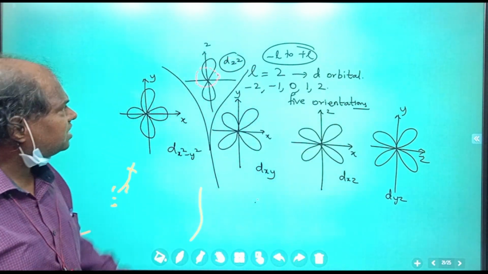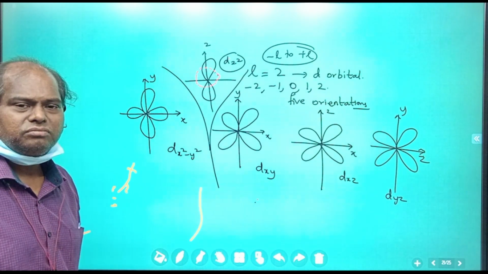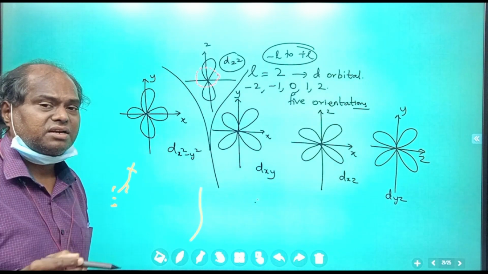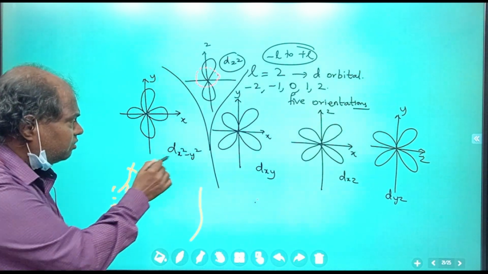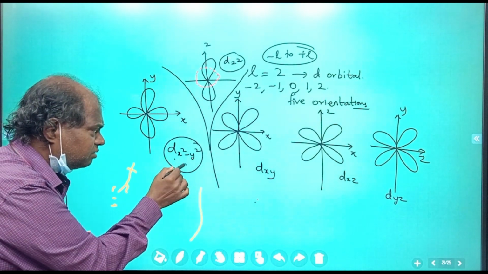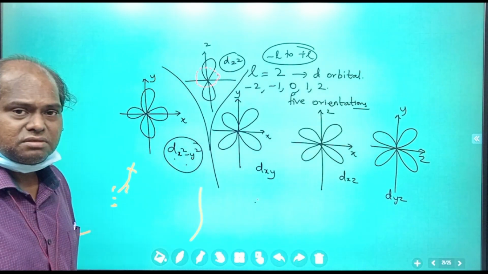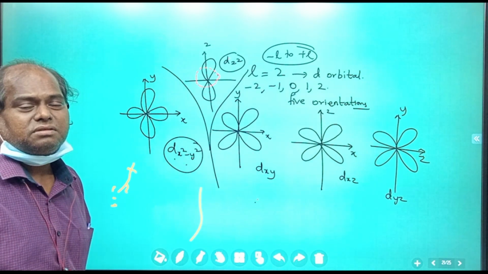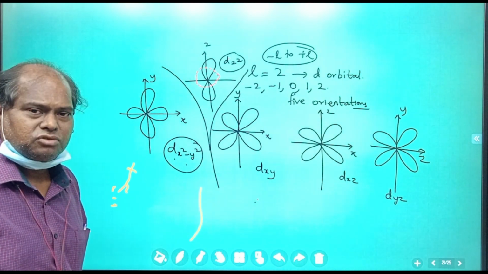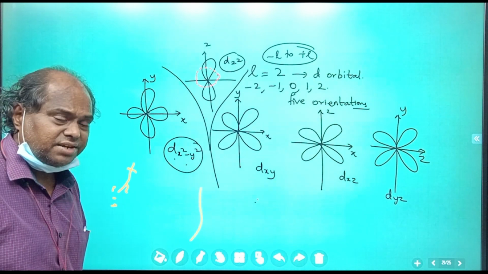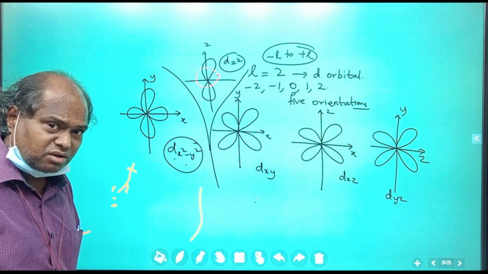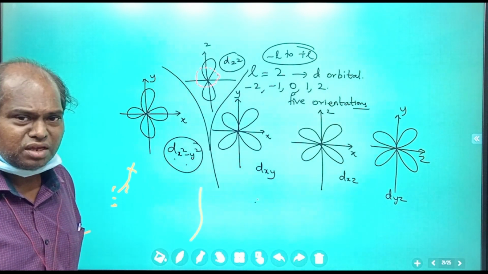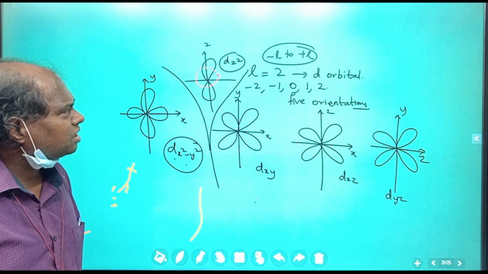So you can see electrons everywhere here. That is the speciality of dz square. Electrons everywhere, x axis, y axis, and everywhere. But in dx square minus y square, you can see them only in x and y. Here also only in x and y. Students, getting it? So dz square is the only orbital where electrons can be found everywhere. That will be the shape of dz square.